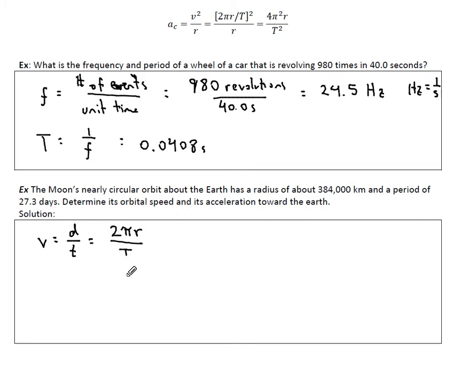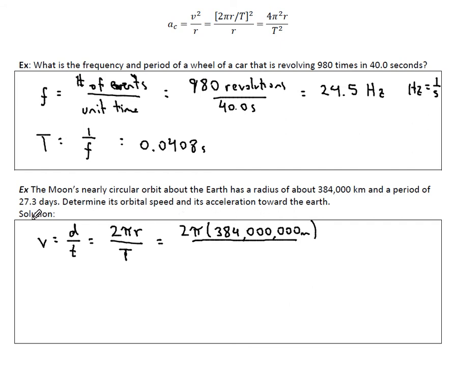In this case, I'm going to write capital T, because capital T stands for period, whereas little t just stands for general time. So I have 2 pi, and our radius is 384,000 kilometers, but I need to add 3 extra zeros because I need SI units, which are meters.